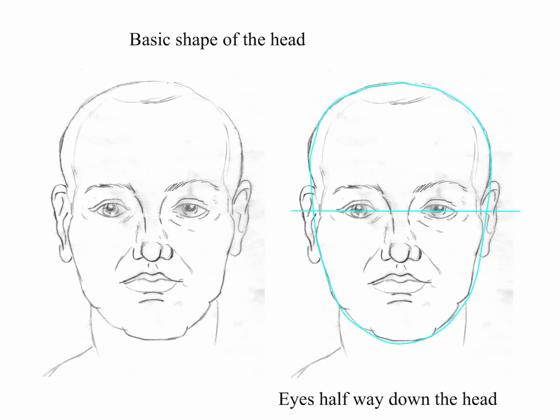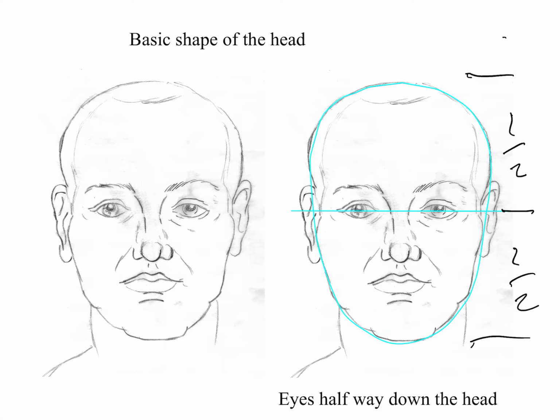I think as children we tend to put the eyes higher on the head, and we don't account for hair and things like that. But you can take any person, any magazine photo, and measure that their eyes should be exactly halfway down the head. So you've got one half here and one half here.